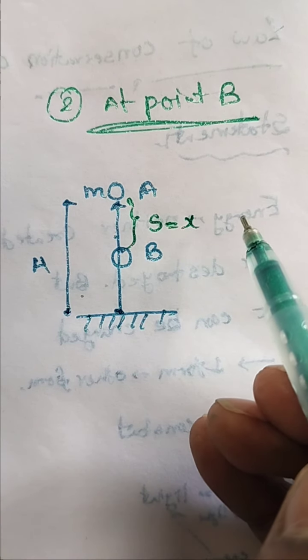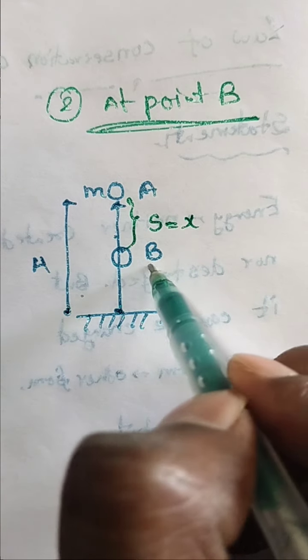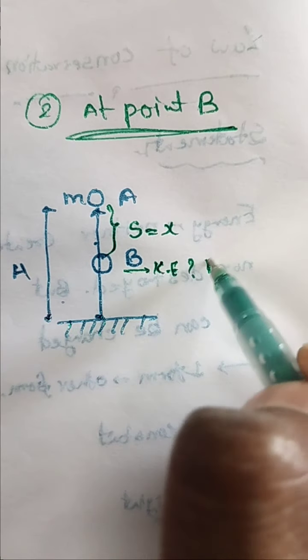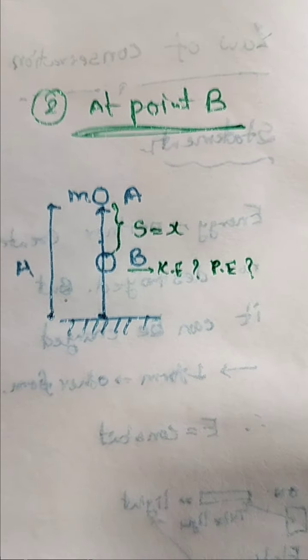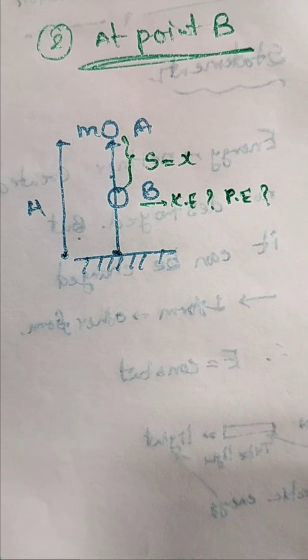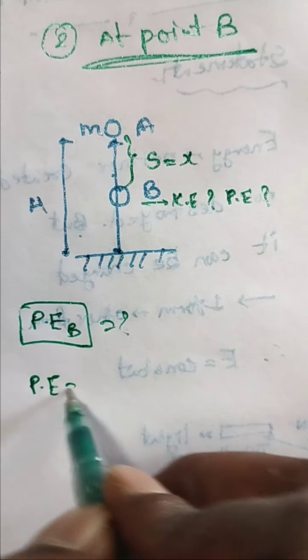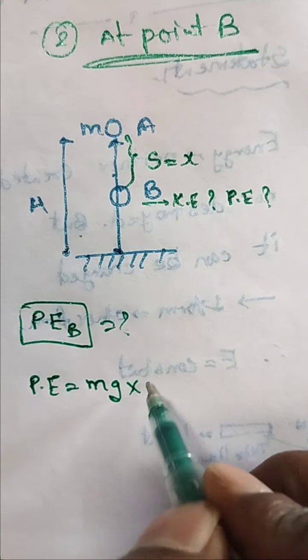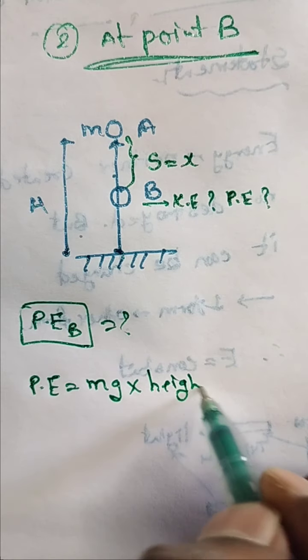So you can find at point B the kinetic energy and the potential energy. First I am taking the potential energy at B. The potential energy is mg into the height of the object.